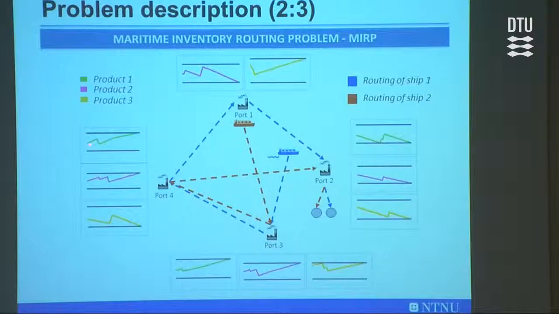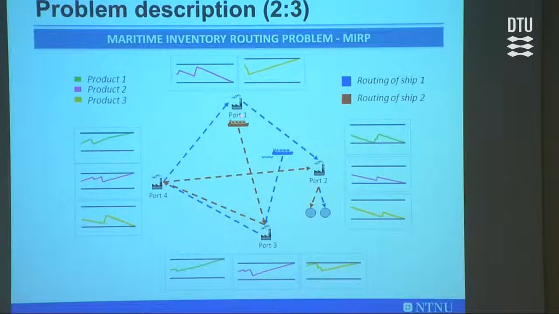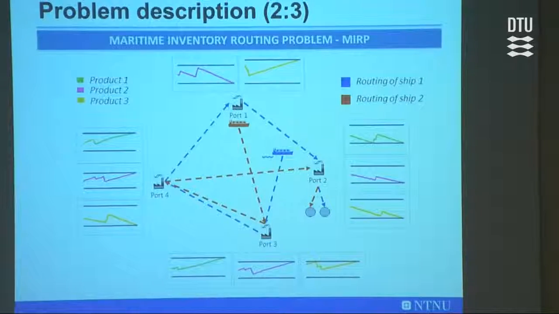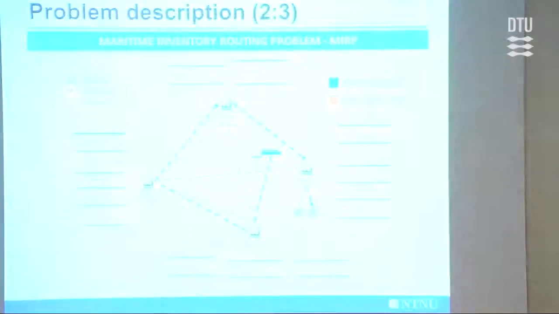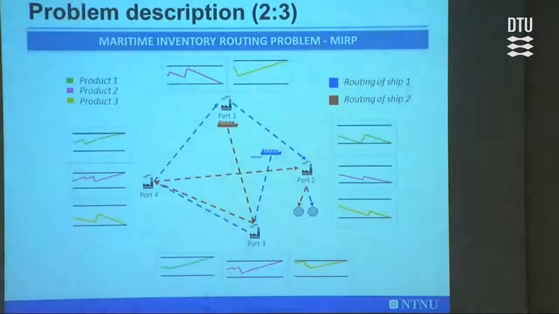It loads some of the green and some of the pink, and then continues, while a bit later the yellow one comes to this port and loads more of the pink and unloads the yellow.